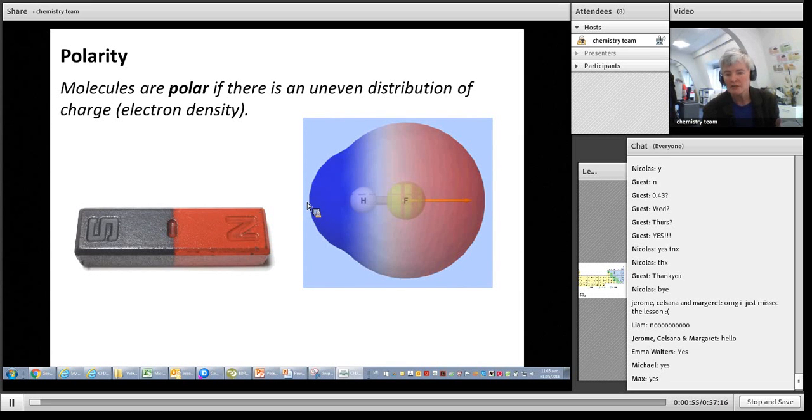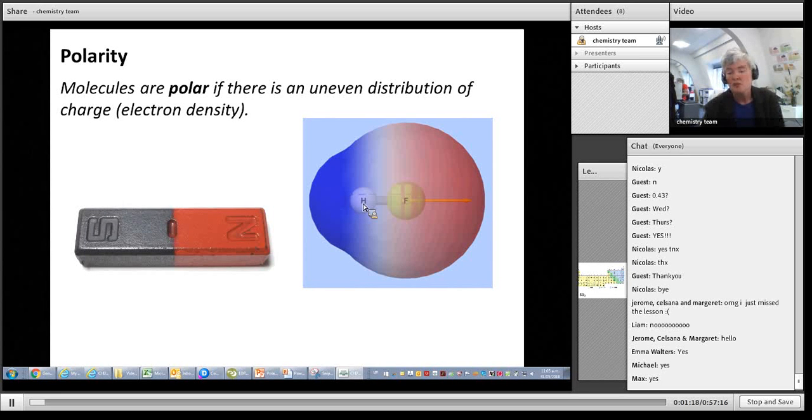Now there are two different types of dipoles. There's a dipole in a bond caused by an uneven sharing of those bonding electrons, and then there's the overall separation of charge for the molecule. So bond dipole is the separation of charge in a bond.